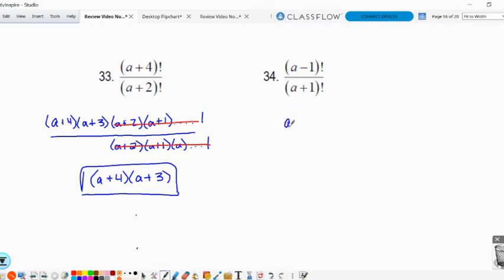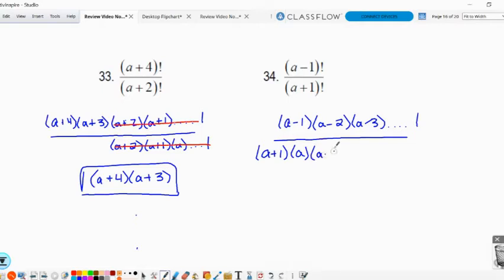34, a minus 1 factorial would be a minus 1 times a. Oh, sorry, nope. Going the wrong direction there. A minus 2, a minus 3, so on and so forth, all the way down to 1. And in our denominator, a plus 1 times a, there it is, times a minus 1, a minus 2, a minus 3, so on and so forth, all the way down to 1.